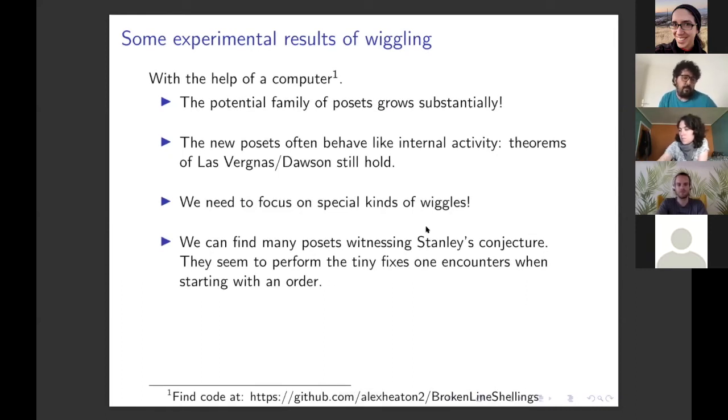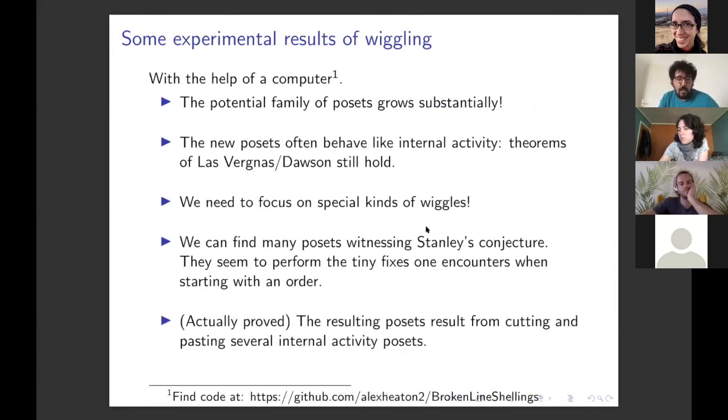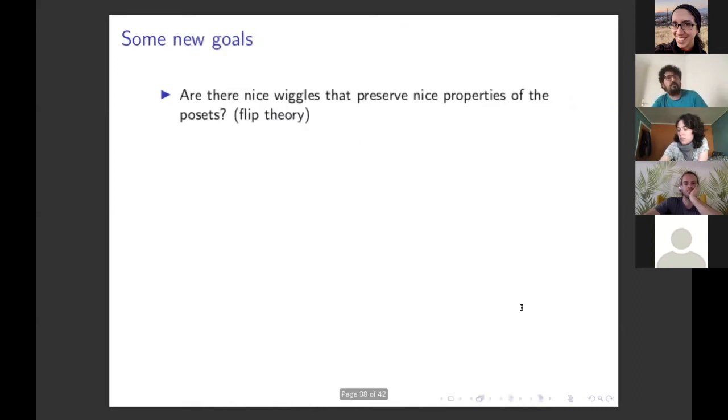And if we focus on special kinds of wiggles that I'm not going to get into the details of here, many matroids for which Stanley's conjecture cannot be proved using line shellings or the usual techniques follow by playing these wiggling techniques. What we're doing is some sort of cutting and pasting of these internally passive posets.